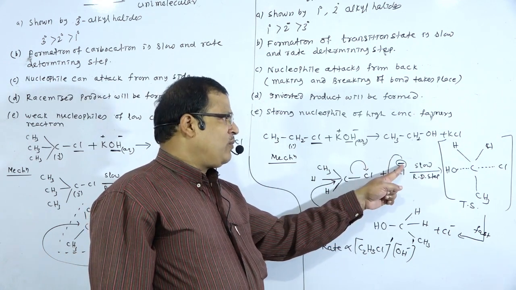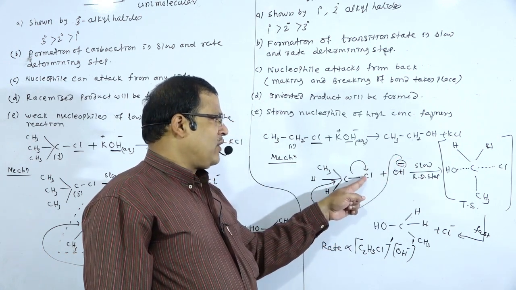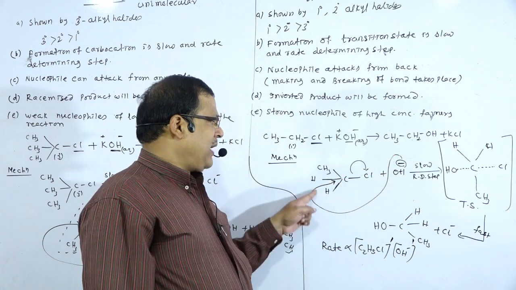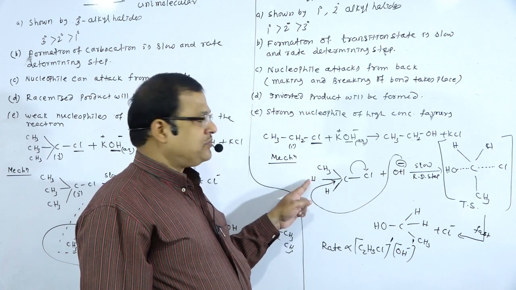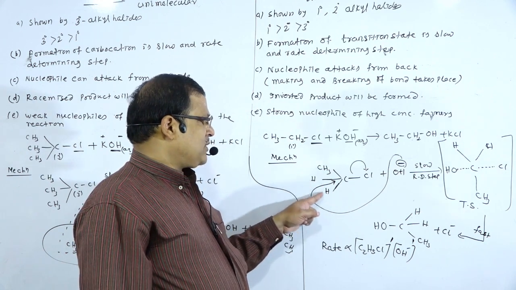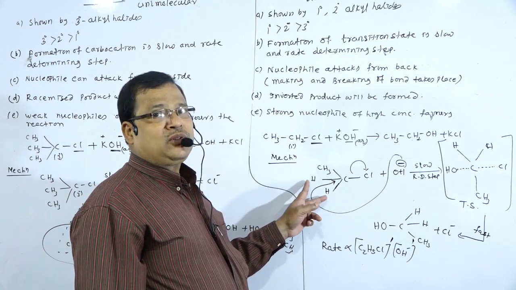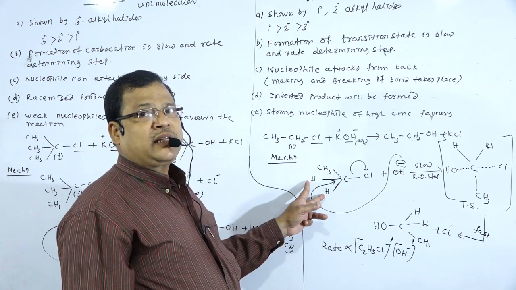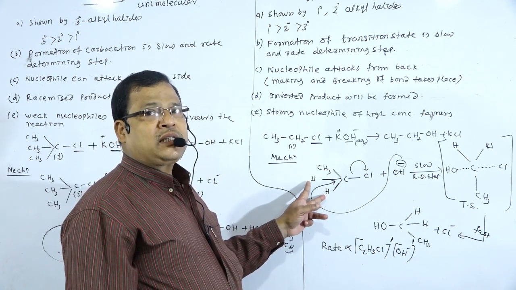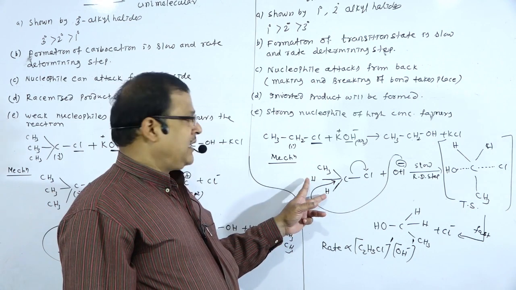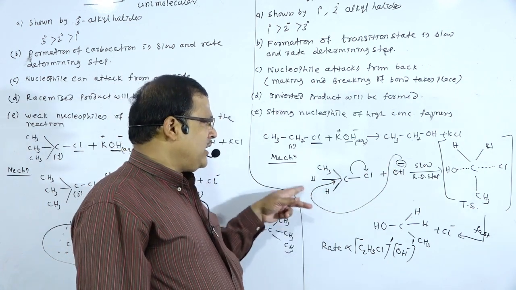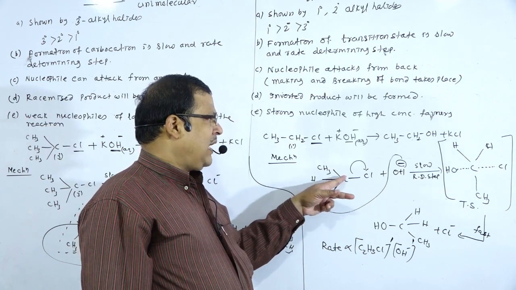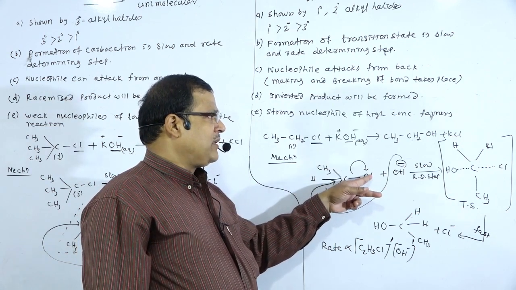Therefore, the nucleophile will attack from the back, because there are small groups, hydrogen atoms. There are no bulky groups, so there is no steric hindrance, and the nucleophile can easily approach the carbon atom and the chlorine atom will be replaced.